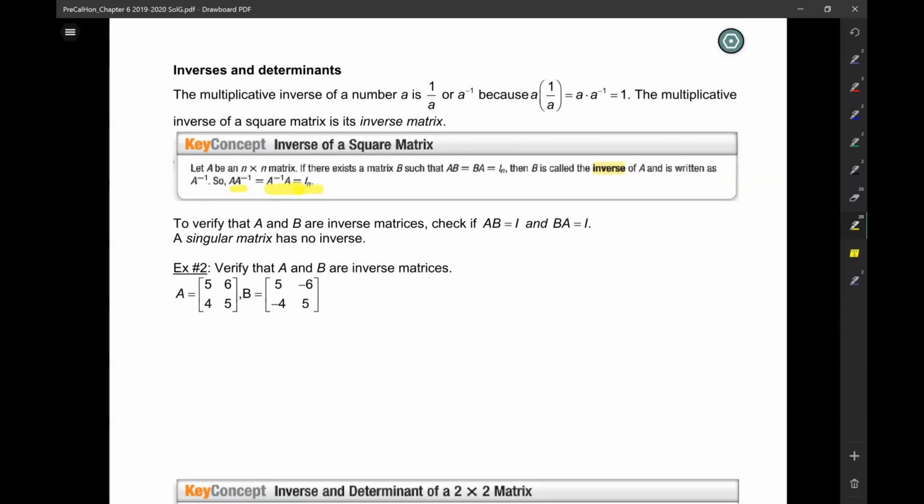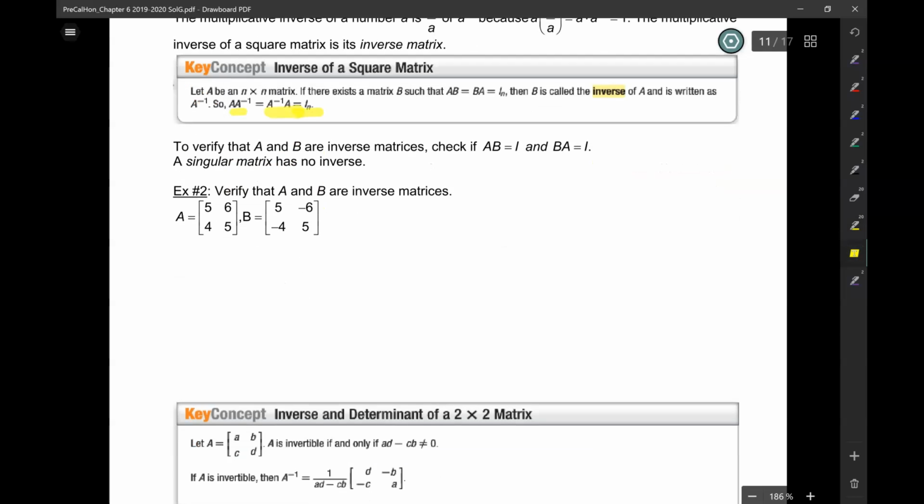All right? So, take a look here. It says verify that A and B are inverse matrices. When you see the word verify, you have to do it using this process. You have to check if AB equals I and BA equals I.